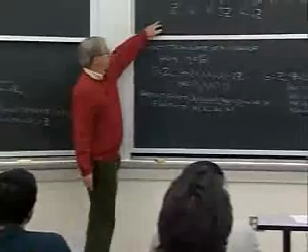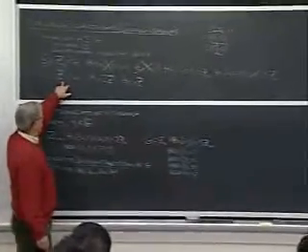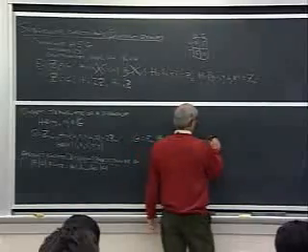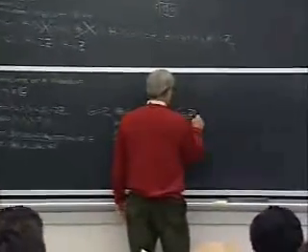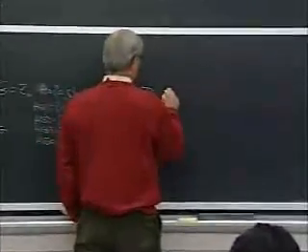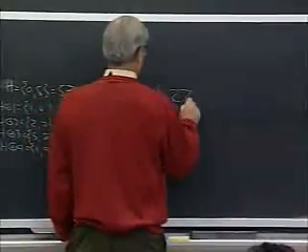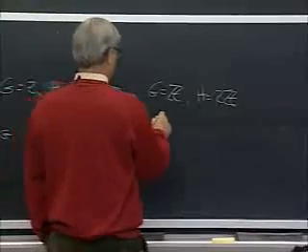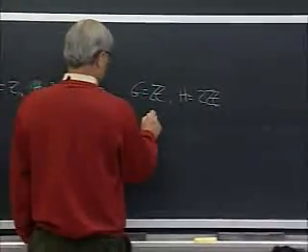Suppose we have the infinite case here. Suppose we have Z and 2Z. So let me draw that case. G equals Z, h equals 2Z. And what's h?